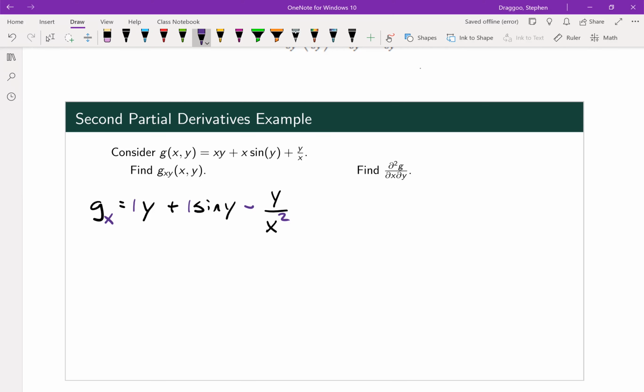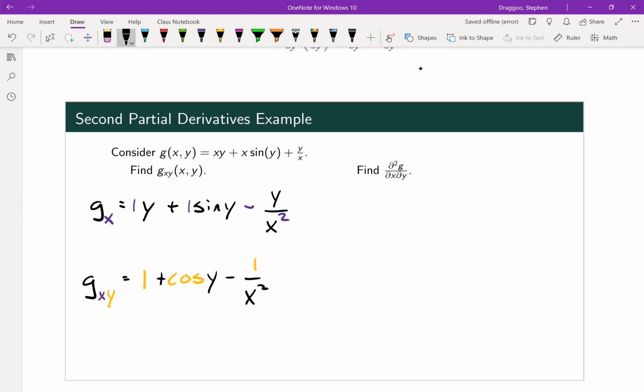If we then move on to get g sub xy, so g partial x partial y, then I'll just take the derivative of that piece with respect to y, which should give 1 plus cosine y minus 1 over x squared. And that's our first mixed second order partial derivative.